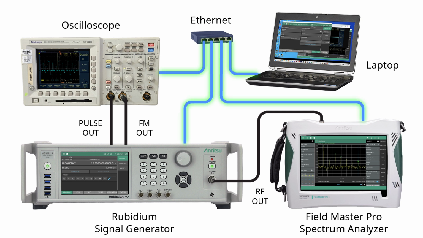The Ethernet ports of Rubidium, MS2090A, and oscilloscope are all connected to my laptop through an Ethernet switch. This enables me to run remote GUIs for each instrument on the laptop so that I can control, configure, and display Rubidium's waveforms or RF output spectrum on the laptop as needed.